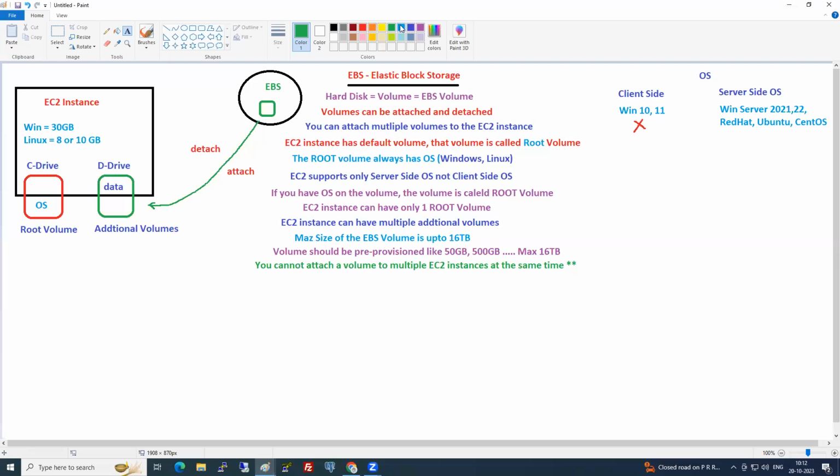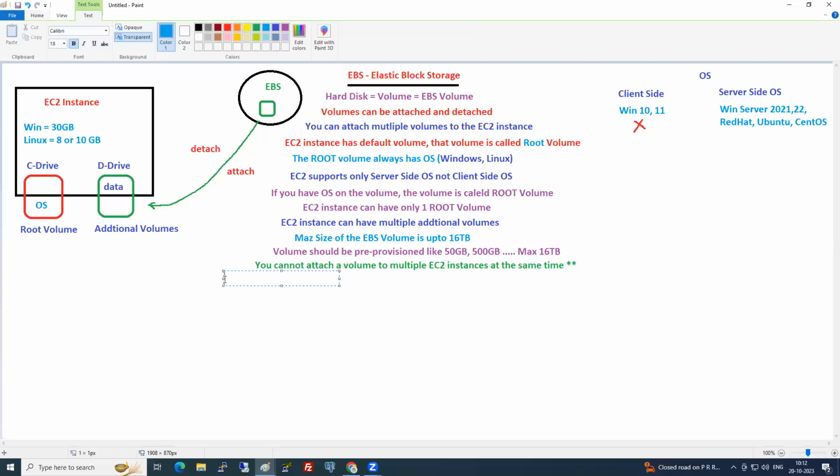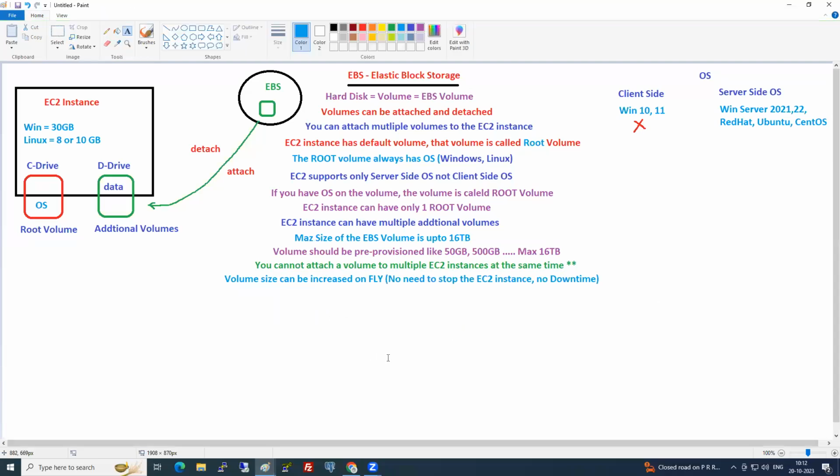So, certification question: volume size can be increased on the fly, with no need to stop the EC2 instance and no downtime.